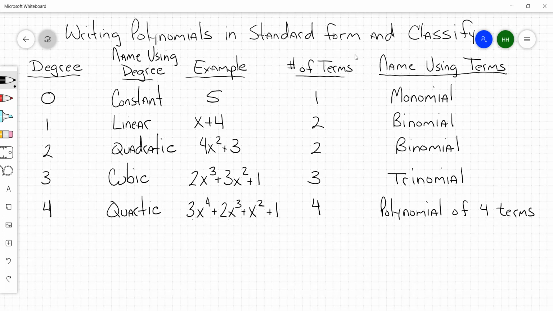All right, so let's go to degree 5. The name of the polynomial using its degree would be quintic. We could have negative x to the 5th plus 4x to the 4th minus 3x to the 3rd plus 2x squared minus x plus 7.